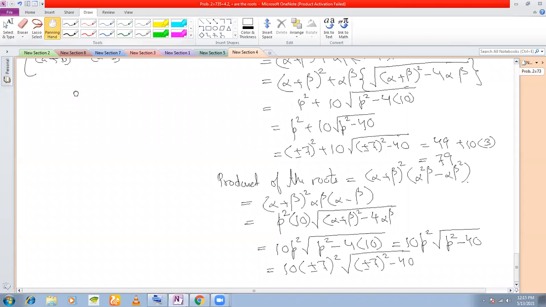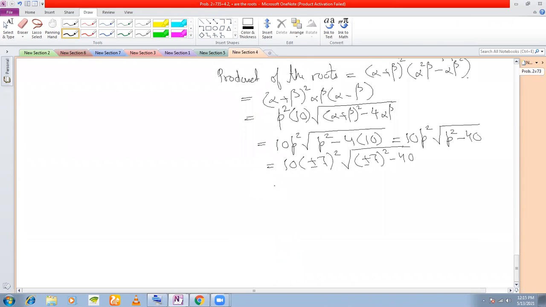So what you ultimately get is 490 into 9, isn't it? Clear? Or no, this is 3, sorry. 490 into 3 it should be, there's a square root there. So 1,470.